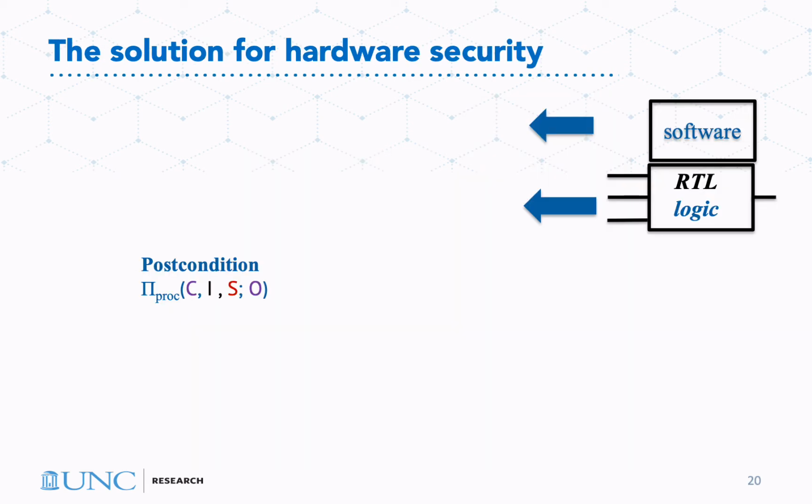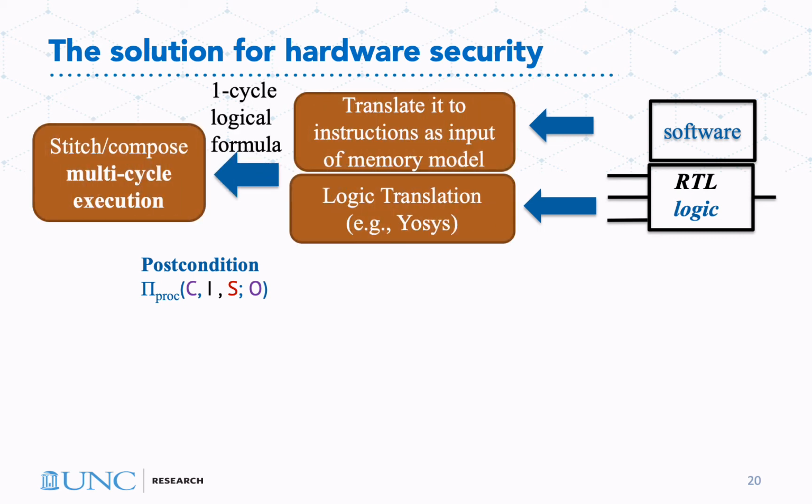To support the hardware security evaluation, we design our toolchain in this way. First, the software code will be translated to a sequence of corresponding assembly code as an input to the memory inside the CPU. Instead of using simulation, I will use a logical translation provided by Yosys to directly translate the Verilog specification to an SMT2 formula.